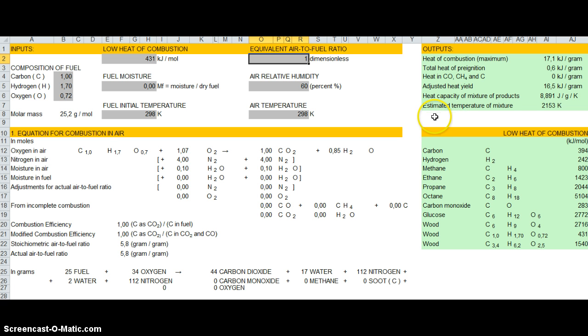So in order to have that, you also have to have an estimate of the products themselves, and of course they change with the completeness of combustion. And you have to understand now what is the heat capacity of the mixture of the products.